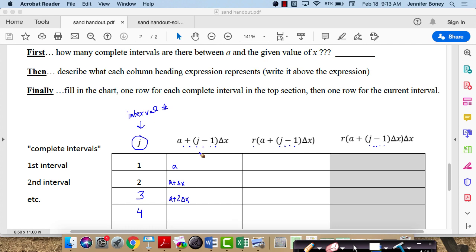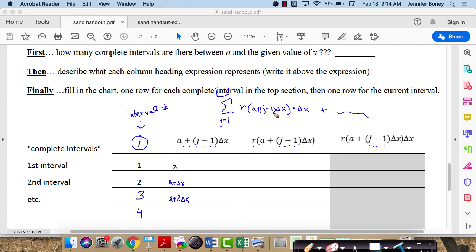Just out of context, this could be literally anything. But the way that this shows up in our whole summation, it's a sum of, I'll just recopy it down here, r of a plus j minus 1 delta x times an additional delta x plus some other stuff, where this sum is found by adding up its values when j goes from 1 through however many complete intervals we have.